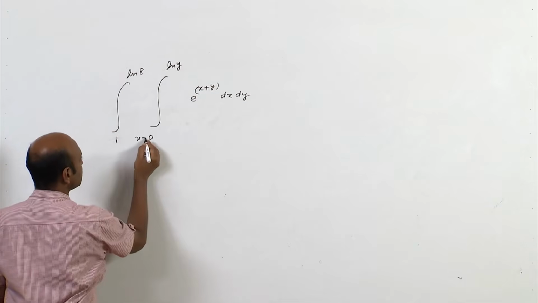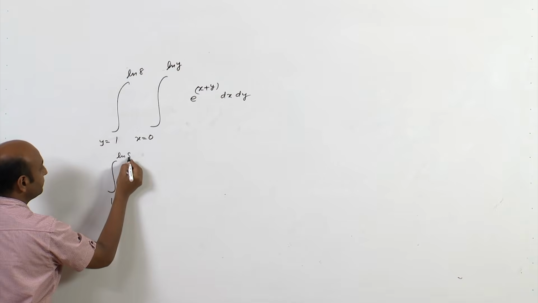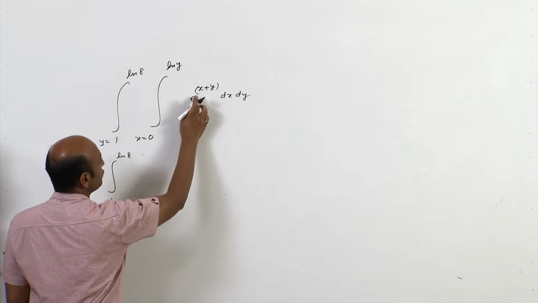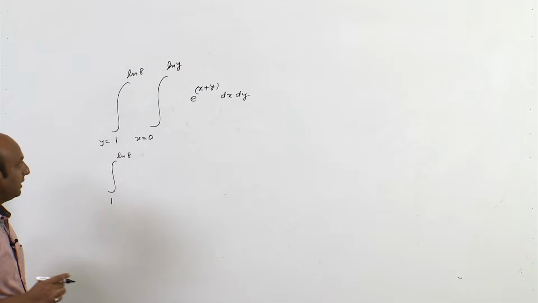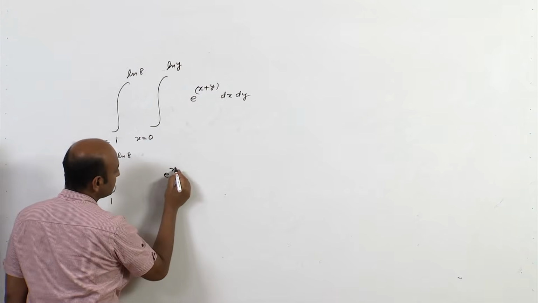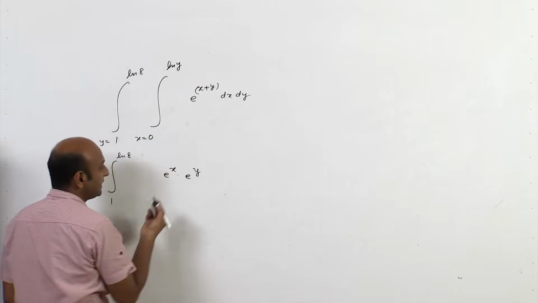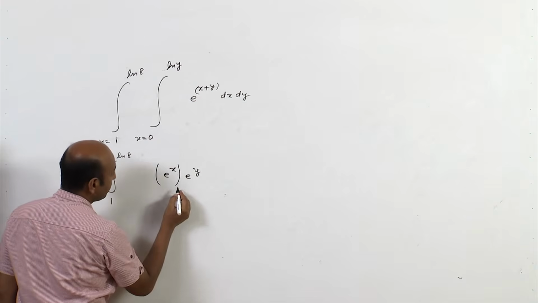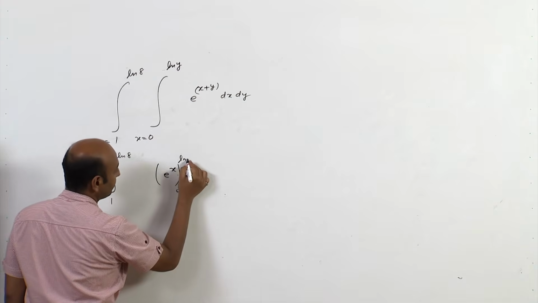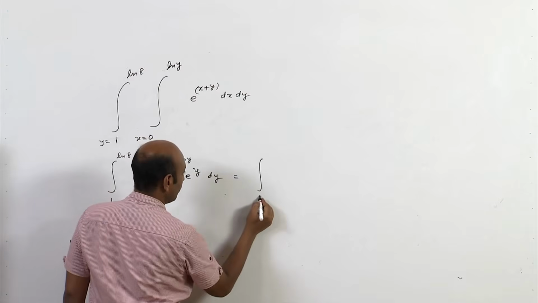So, these are limits for x, these for y. So, again you can integrate in the same way. It is e raised to power x into e raised to power y. When you integrate with respect to y, e raised to power x will remain as it is, and e raised to power y will remain as it is. The integral of e raised to power x will be e raised to power x, and it is 0 to ln y, dy. So, this equals 1 to ln 8.